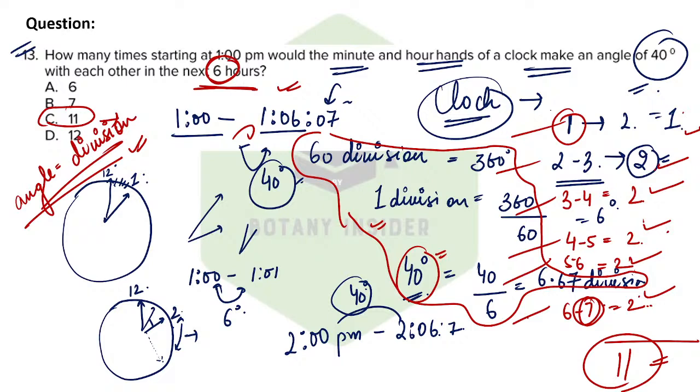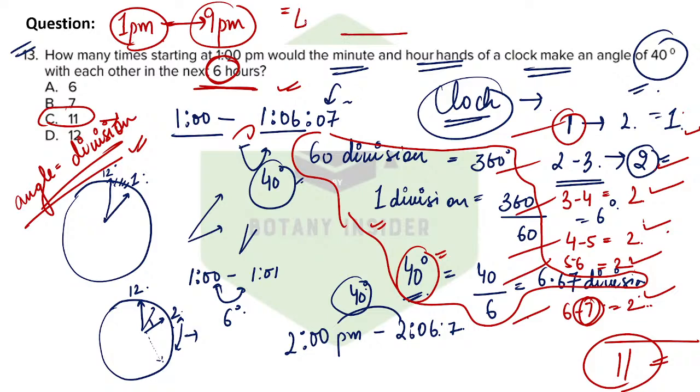Understood? Very good. Right? Now, what should have been the answer if I am asking you between 1 p.m. and 9 p.m.? Like there are in total these many hours that you have to consider from 1 p.m. till 9 p.m. Then what should have been the answer?